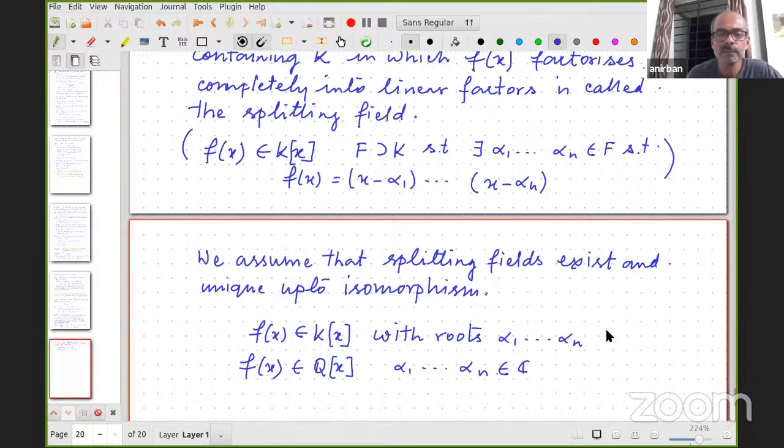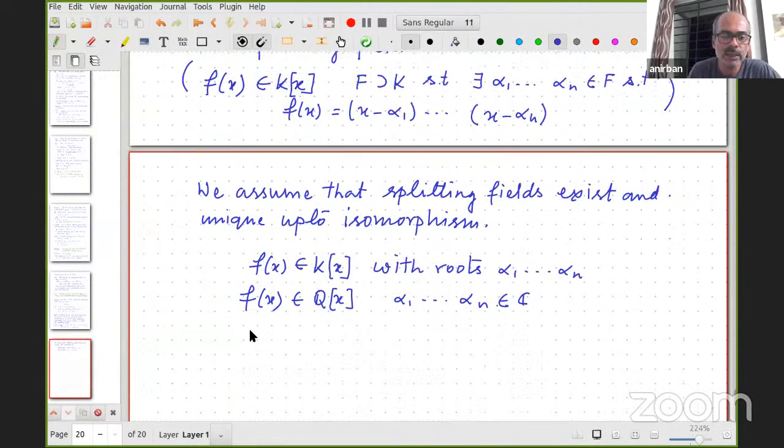We are not proving it. If you have all the roots, then how do you get the splitting field? To get the splitting field, you can simply attach all these roots to the ground field, the field on which this polynomial belongs. So this is essentially the smallest field containing K and alpha 1, alpha 2, ..., alpha n.